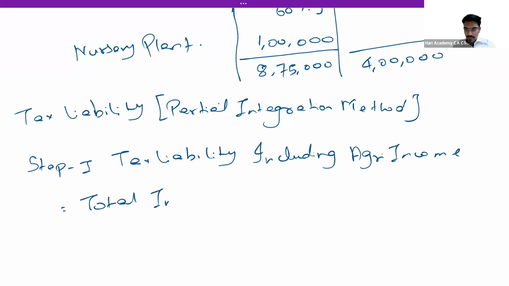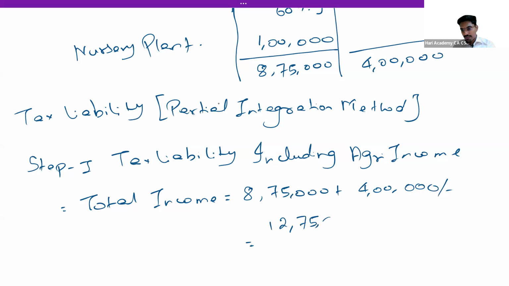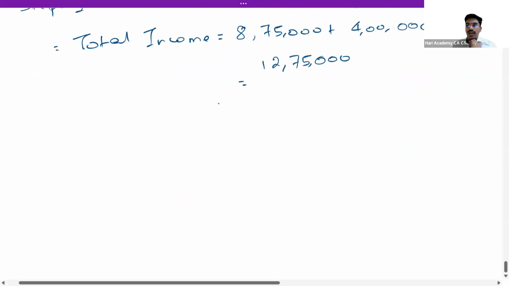It is going to be 8,75,000 plus 4 lakhs, so it is going to be 12 lakhs 75,000. For this 12 lakh 75,000, we have to find out the tax liability.